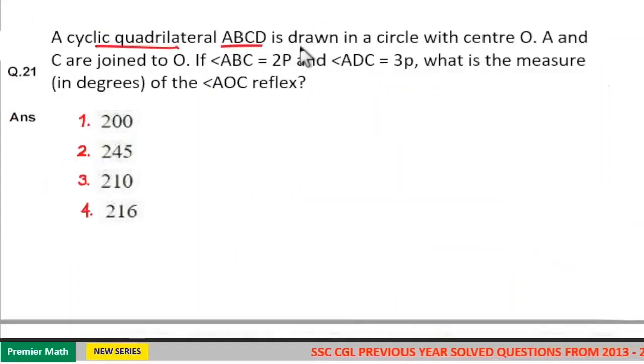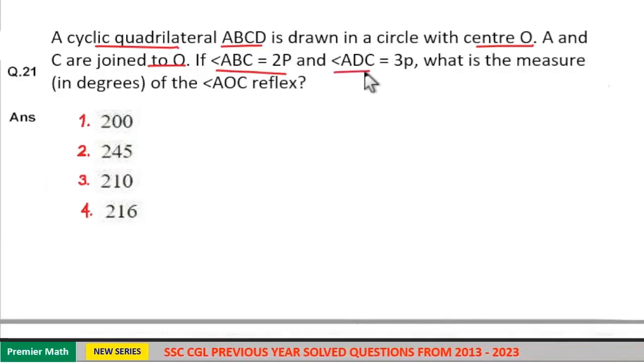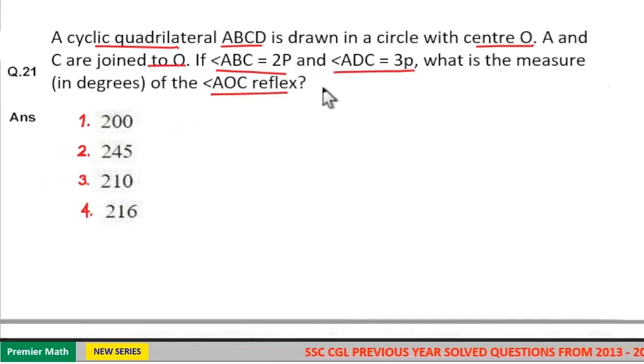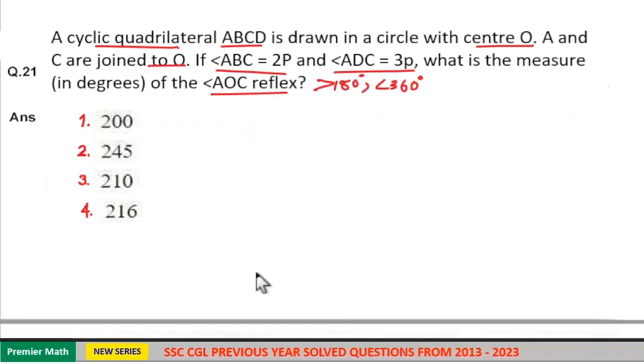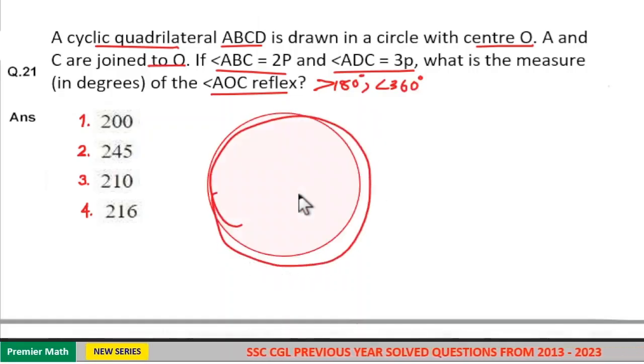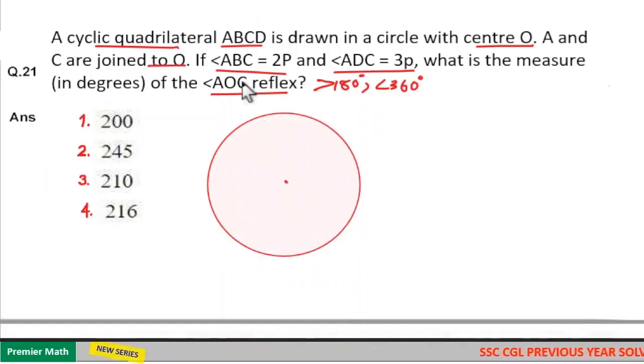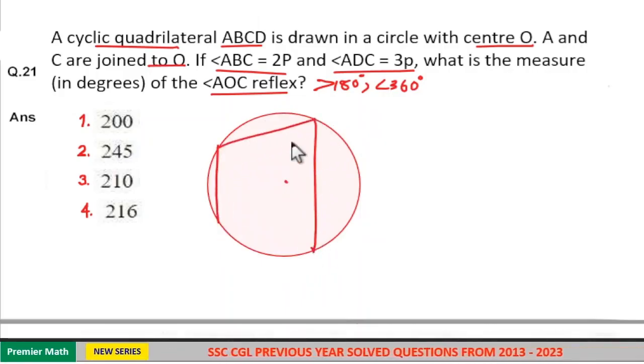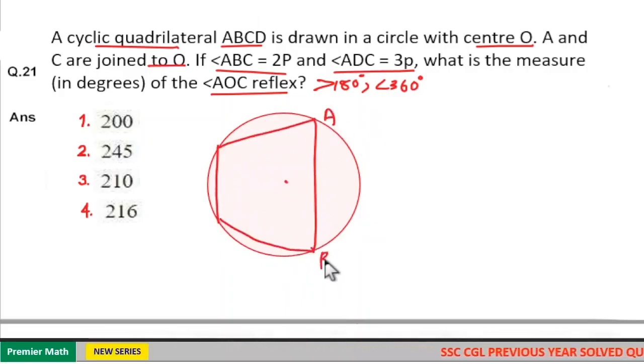Cyclic quadrilateral ABCD is drawn in a circle with center O. A and C are joined to O. If angle ABC is 2P and angle ADC is 3P, what is the measure of angle AOC reflex? Reflex angle means greater than 180 degree and less than 360 degree. Now, this is the circle with center O, and this is cyclic quadrilateral ABCD.